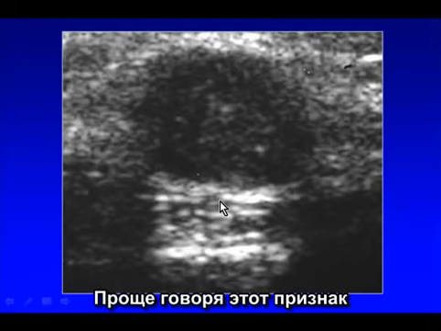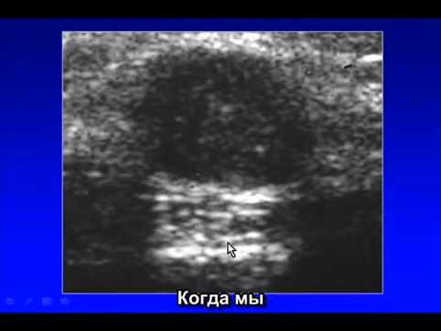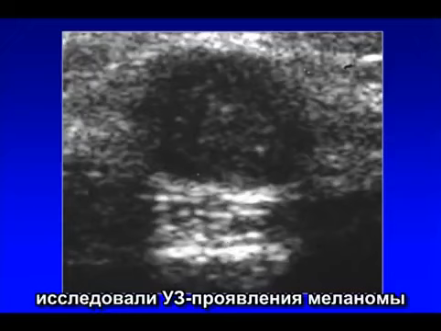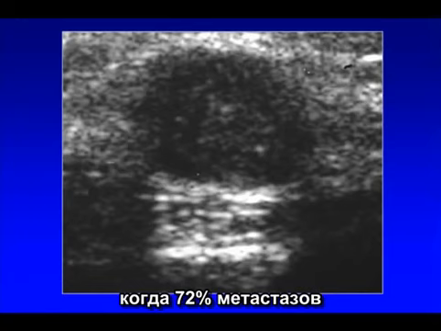But I will tell you that this was a proven metastatic melanoma. It simply is not a helpful sign. In fact, when we studied the ultrasound appearance of melanomas, we published a series in which 72% of metastatic melanomas in the soft tissues had increased acoustic through transmission. It is simply an unhelpful sign.